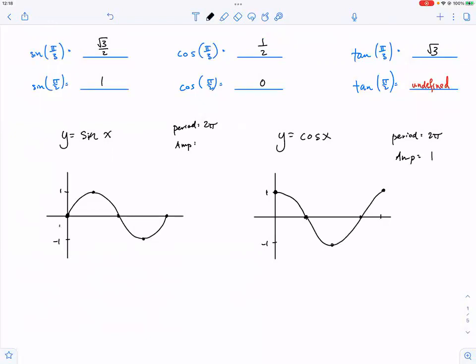Okay, and we will use these sketches or the idea of these graphs today. So pi over 2, pi, 3 pi over 2, and 2 pi. These are the stuff that we have been doing for the past couple months.